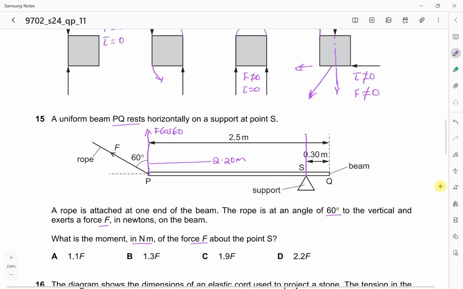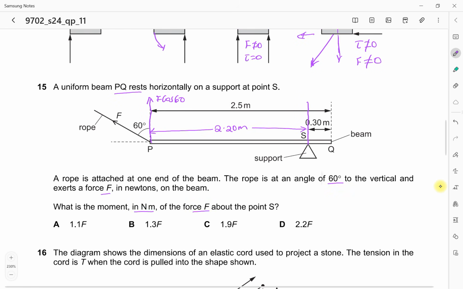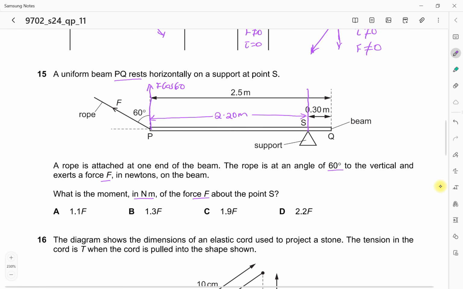So the perpendicular distance of F cos 60 is 2.2 meters. So the moment we are looking for here is going to be the force, which is F cos 60, times the perpendicular distance, which is 2.2.